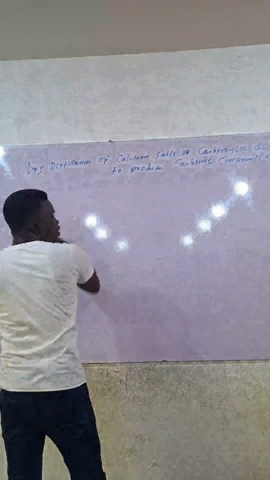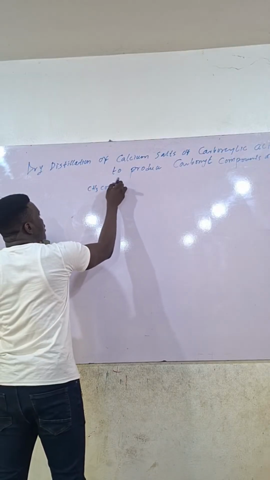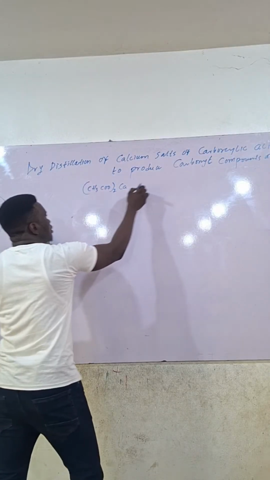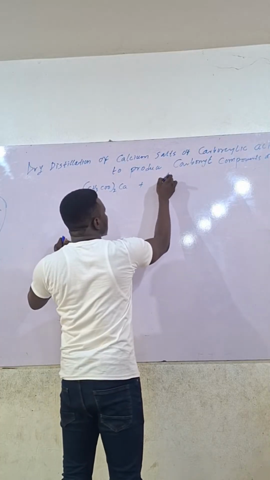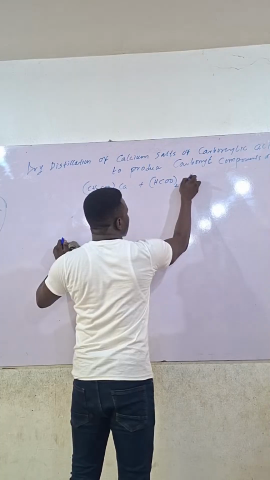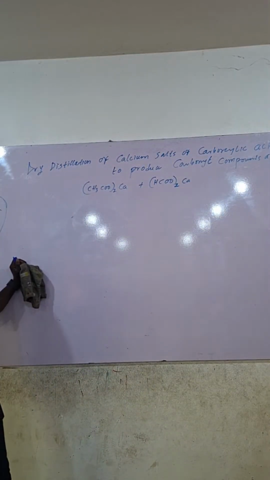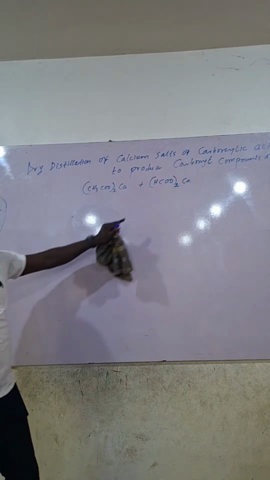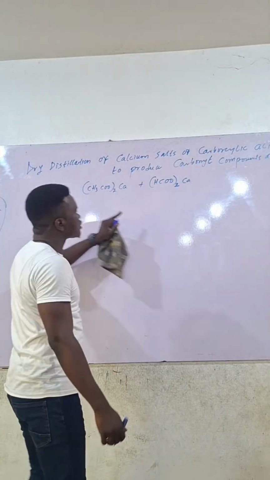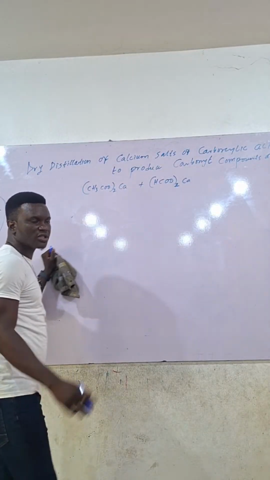So I have a mixture of calcium ethanoate and calcium methanoate. I mix them together and ask, what are the likely products? You will get a product for this one first, a product for this one first, and then a product for the two of them. This is how you will do it.